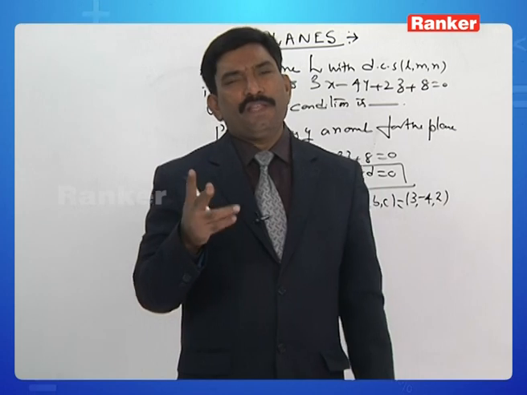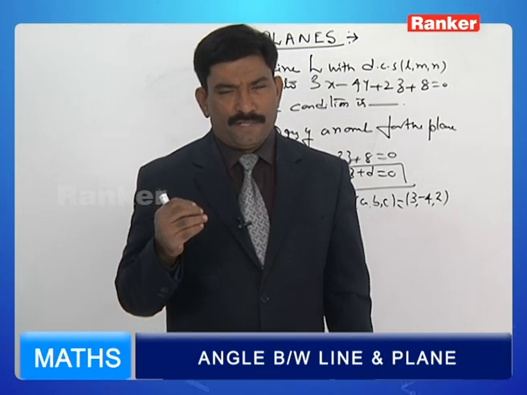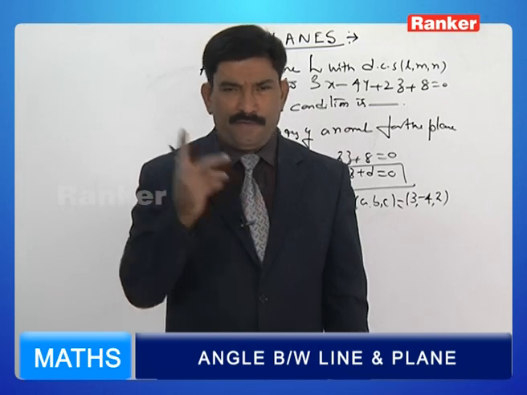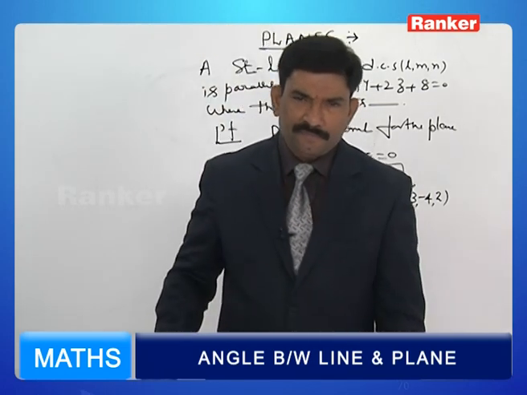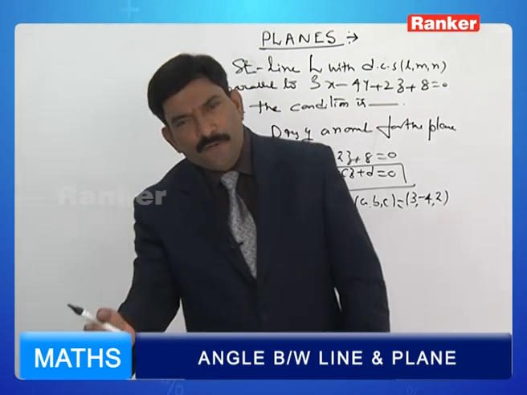When any two lines are perpendicular, a1a2 plus b1b2 plus c1c2 is equal to 0. Why? The line is parallel to the plane, but it is perpendicular to the normal.